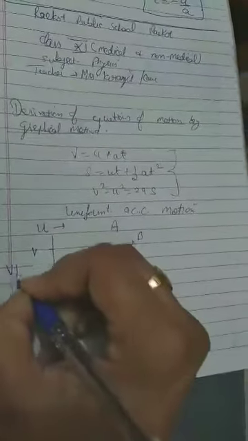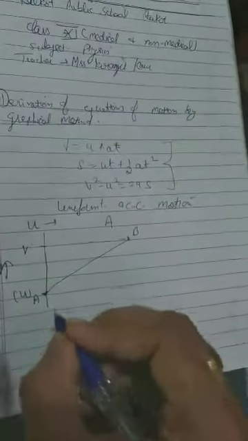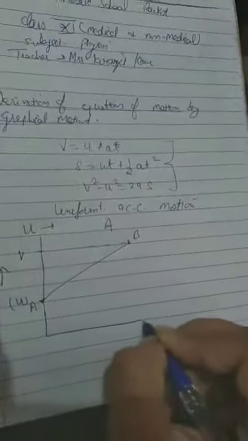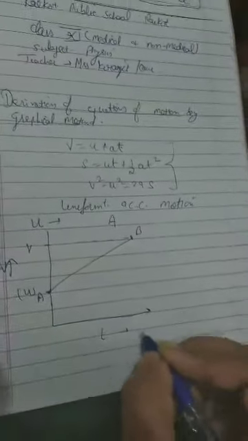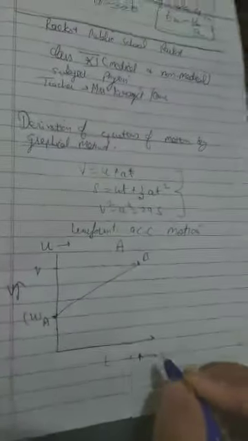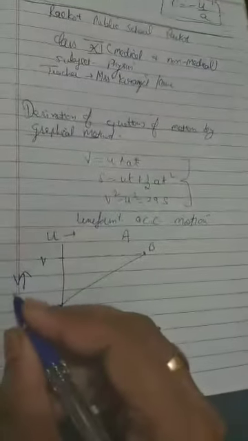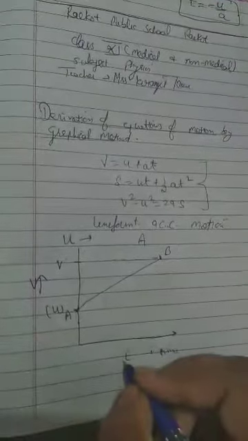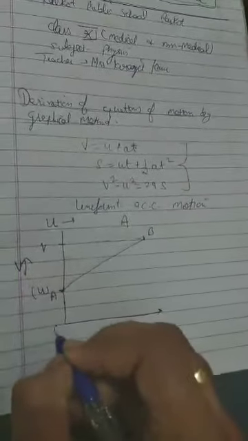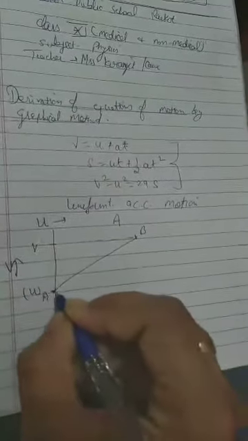We will take velocity along the y-axis and time along the x-axis, as we know for a velocity time graph, and take point O at the origin.